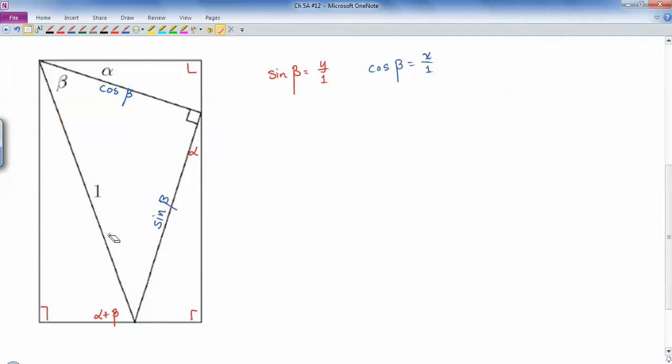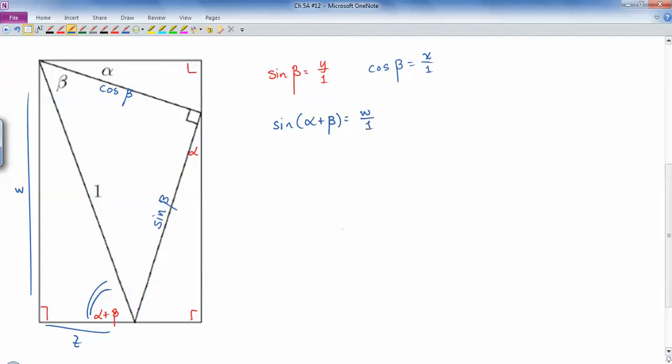And then this side we already know is 1 right there. If I wanted to figure out these two sides, let's call them W and Z, let's use this angle. If I did sine of alpha plus beta, I'm going to get W over 1, opposite over hypotenuse.